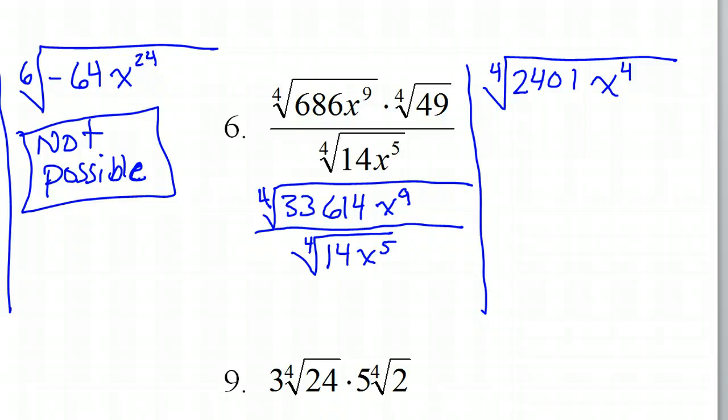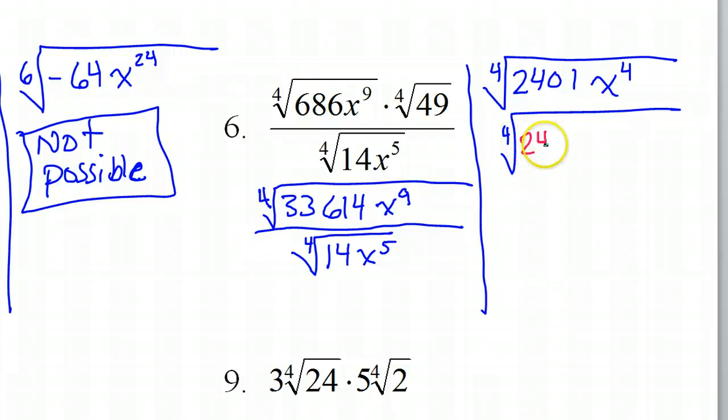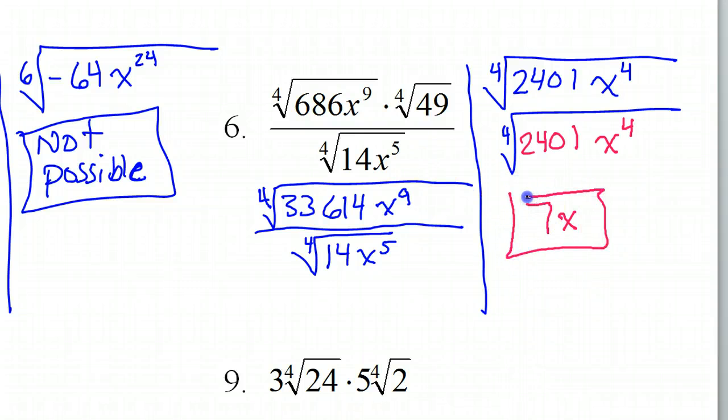So I should have written these in pink. I didn't realize it. Both of these can be simplified. The fourth root of this number is 7. And for this variable, I just divide, and that would just be 1, so I just put x. So this is the final answer for number 6, is simply 7x.